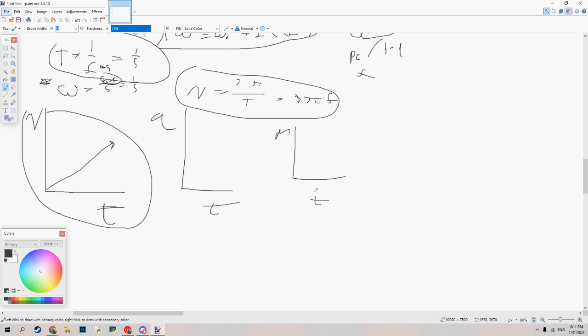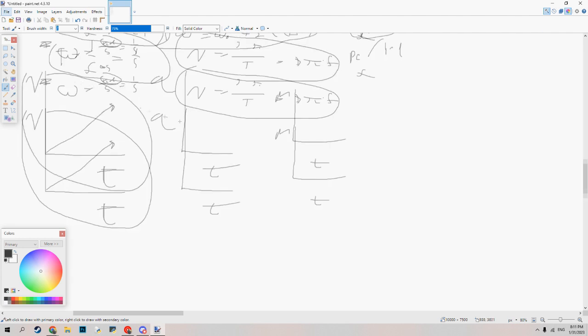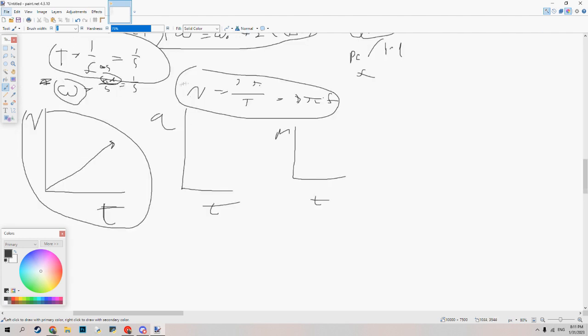I'm happy to note that you don't really need to learn any new method. You can simply plug in omega, alpha, and theta for their respective counterparts, and you get stuff like theta by time, right? And that's just this graph.